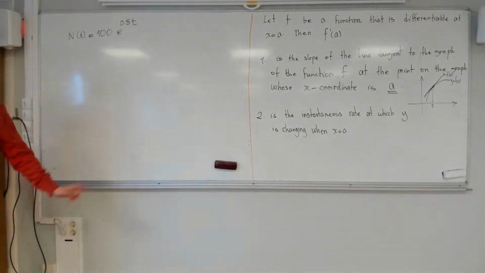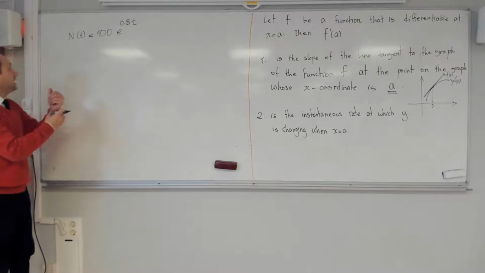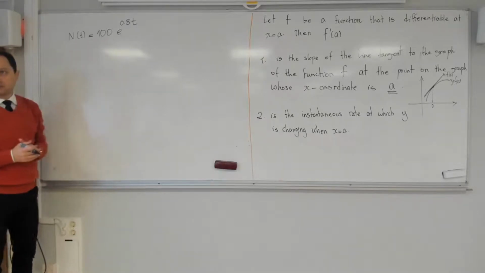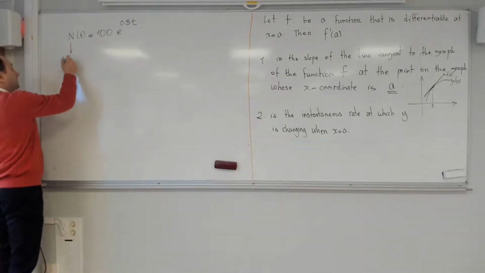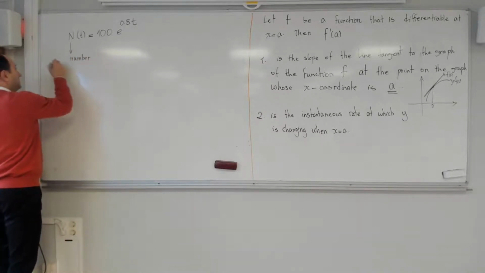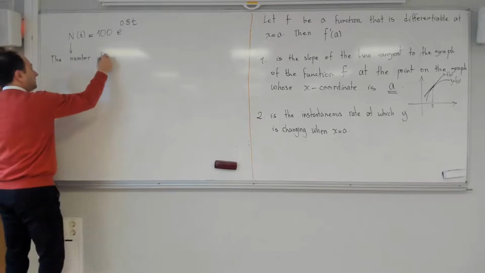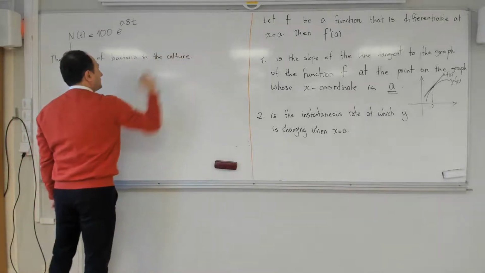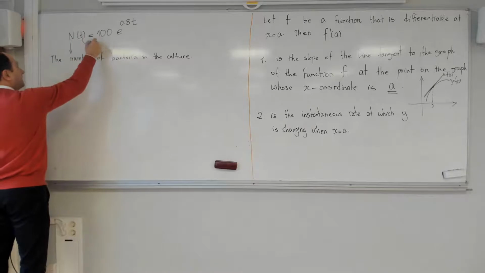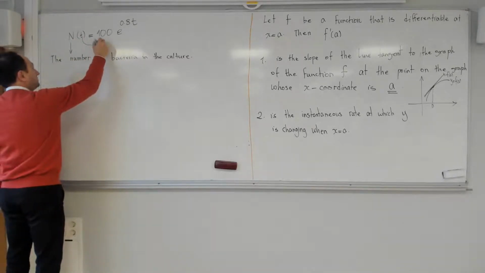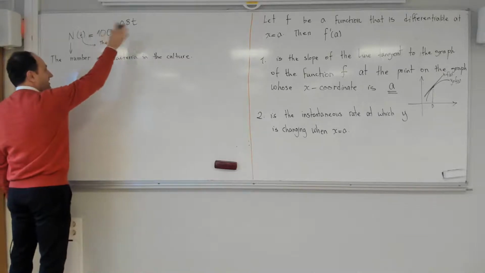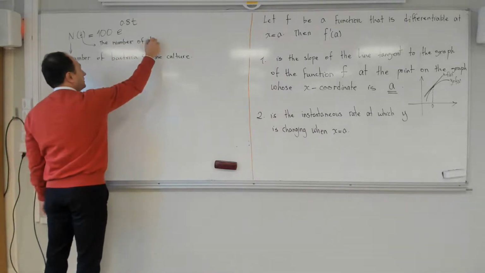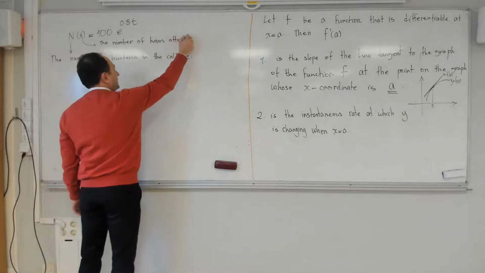Here N is the number of bacteria in the culture, and t is the number of hours after the investigation has started. I don't know how realistic this model is, forget about that.